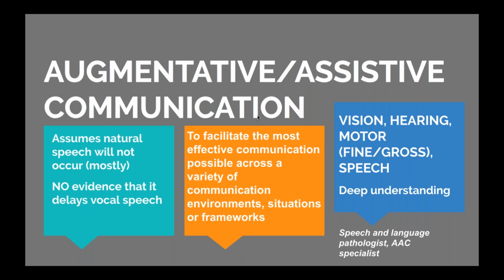Does the font have to be big or does the font have to be small? What are the child's vision impairments? How do they process sound? Are they going to hear the talking part of the device? Do they process speech in a certain way that might make it weird to hear the speech out of the device in a certain way? I don't know. All of that has to come out of that assessment when it's done comprehensively.